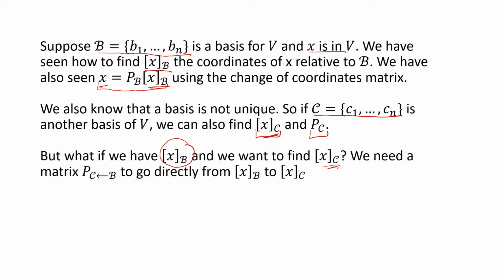So what we need to find is this matrix P, which goes from B to C. Remember, PB tells us how to go from the coordinates in B to the coordinates in the standard basis. But now we want to go from the coordinates in a basis B into the coordinates in a basis C. How can we do that?